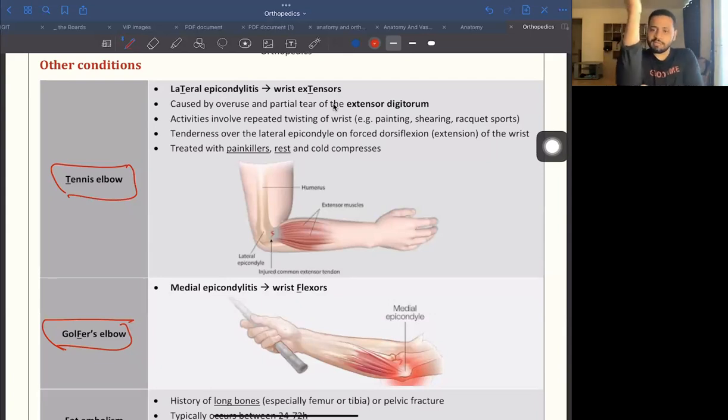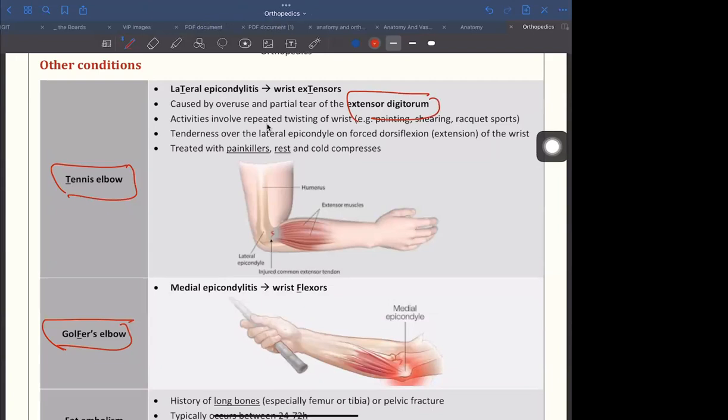So the extensor origin would be affected, and there is a higher risk of affecting your extensor in this part. Again, it's exactly like tenosynovitis, which we mentioned earlier. It's an inflammatory process, so it's just pain management, okay?